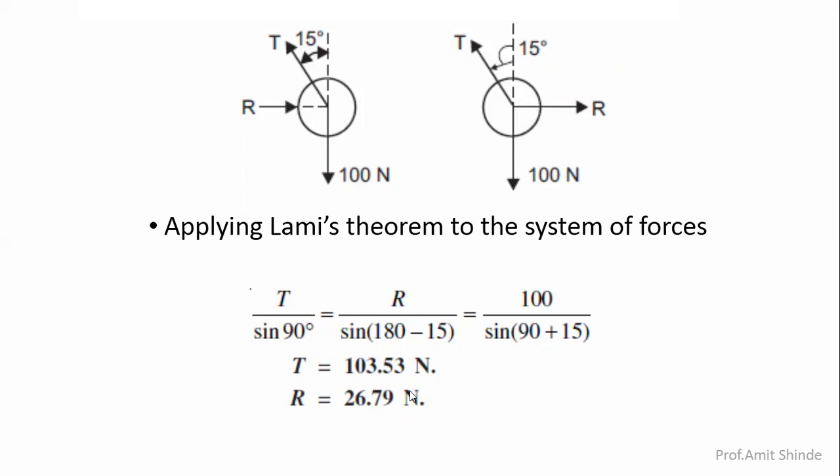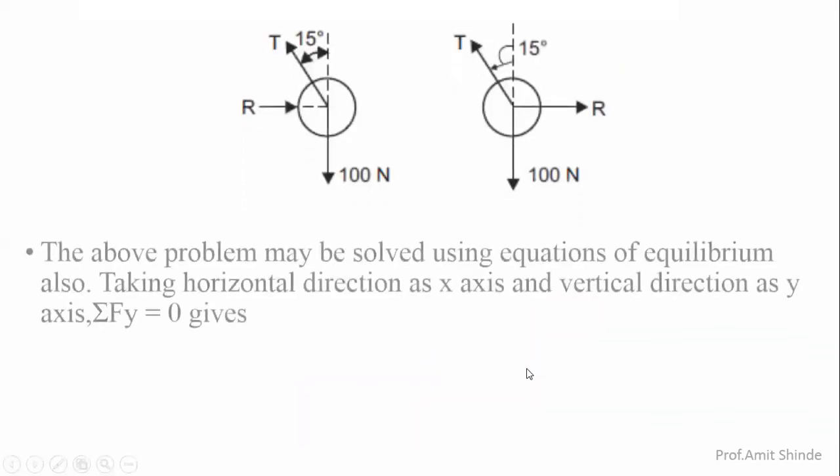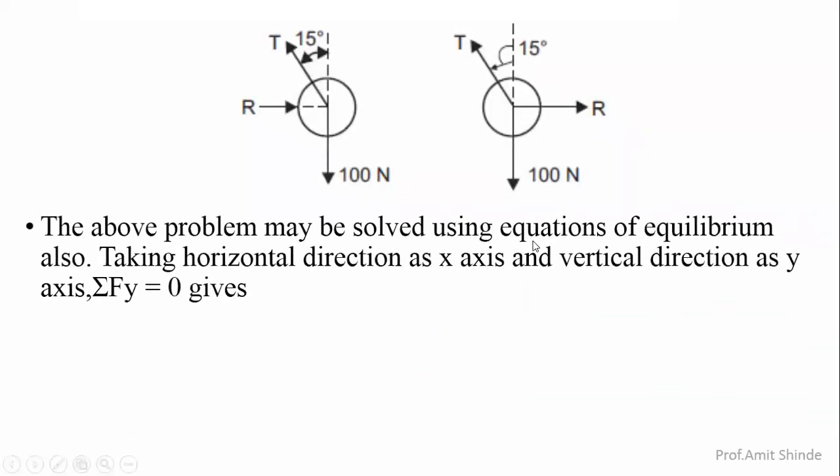This tension and reaction we may also calculate by using our equilibrium conditions. The above problem may be solved by the equations of equilibrium: summation Fy is equal to 0 in the vertical direction and summation Fx is equal to 0 in the horizontal direction.